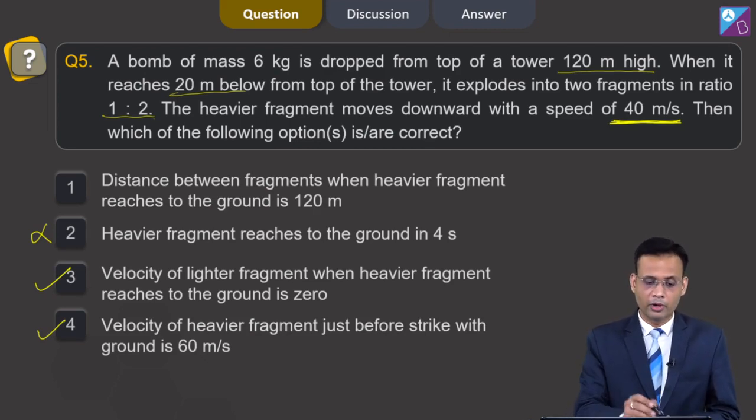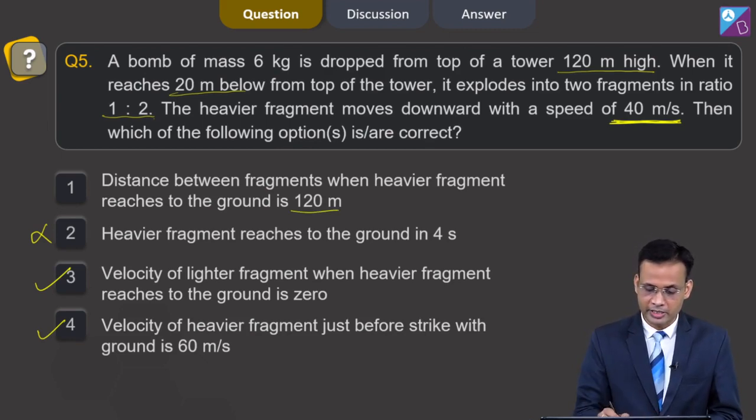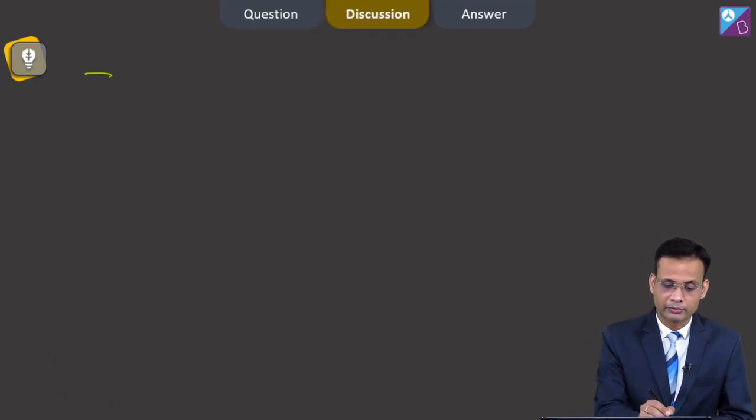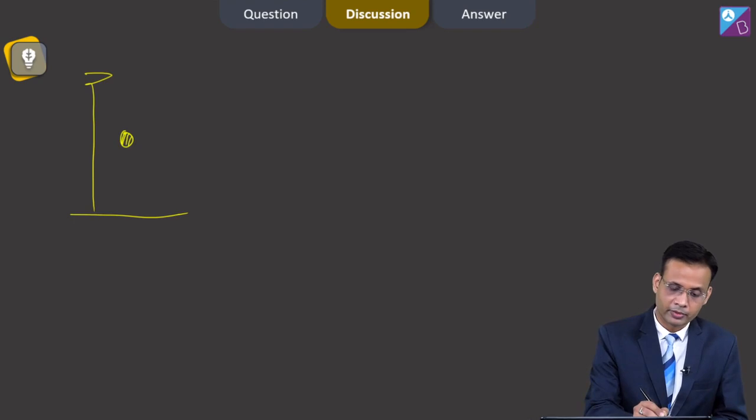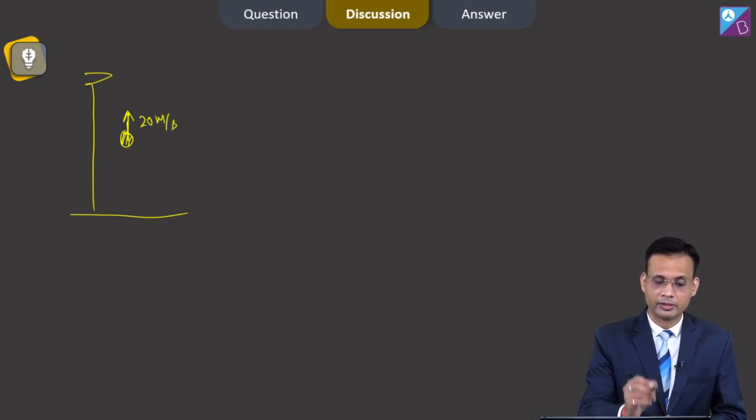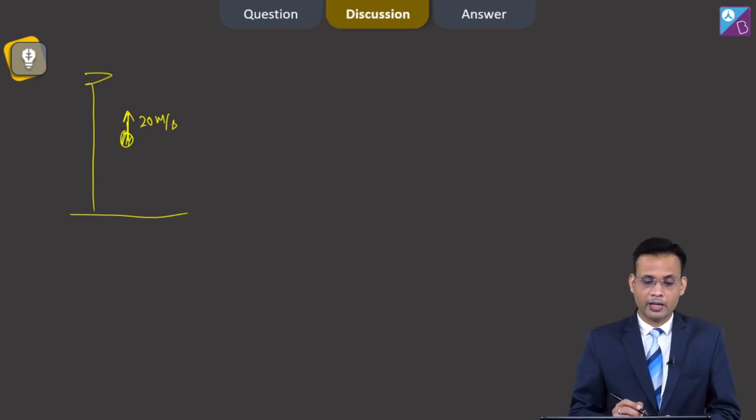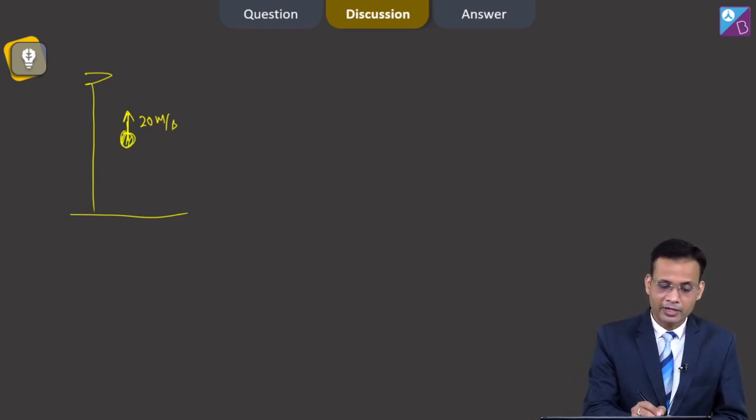Now, let us move on to option first, and it states that distance between the fragments when the heavier fragment reaches the ground is 120 meter. So, as we know that speed of lighter fragment just after the explosion is 20 meter per second in upward direction, and when the heavier fragment reaches the ground, it takes 2 seconds.